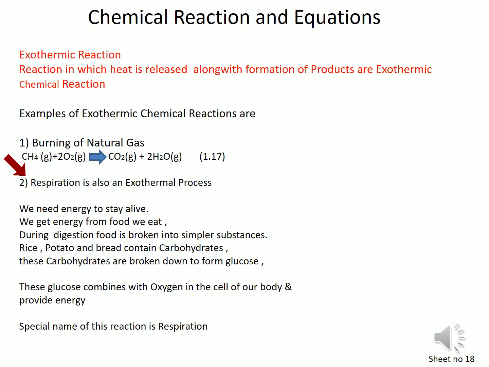This glucose combines with oxygen in the cells of our body and provides energy. So this is the process during which heat is generated. Energy is heat. So this is again an example of an exothermic chemical reaction. Details of this process we can see further in chapter 6.